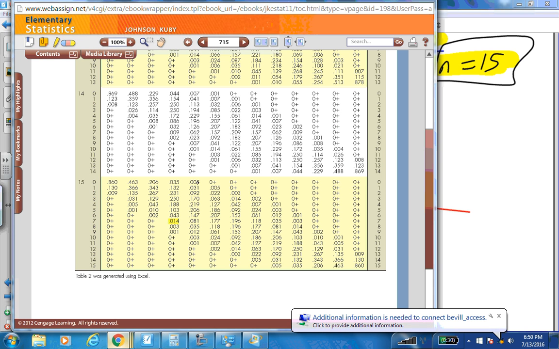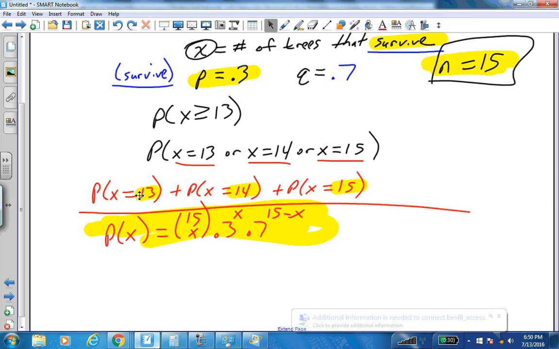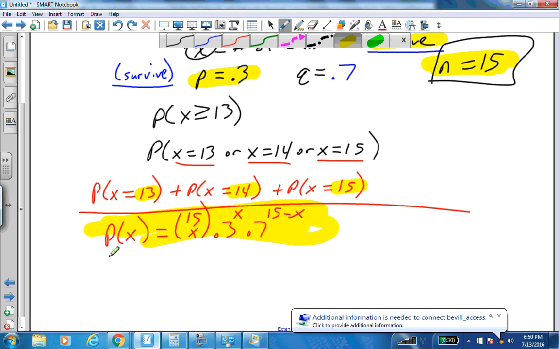So this first one, that's for x being 0. This is for x being 1, x being 2, x being 3, 4, 5, 6, 7. So we have x being 13.